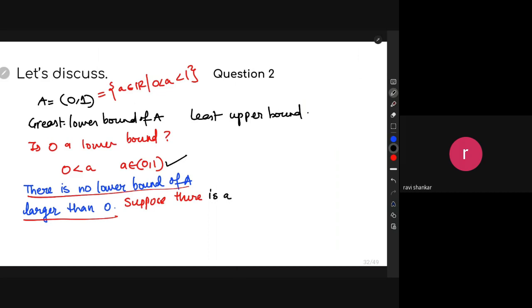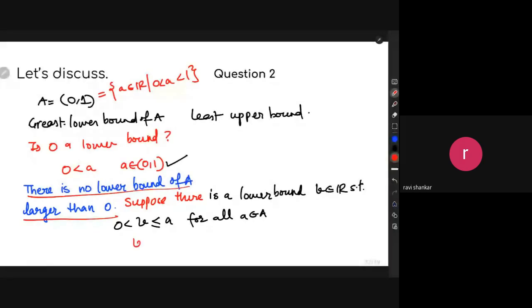Suppose there is a lower bound B in R such that B is larger than 0 and B is smaller than every element of A. By the definition of the open interval 0 comma 1, B will be an element of 0 comma 1.